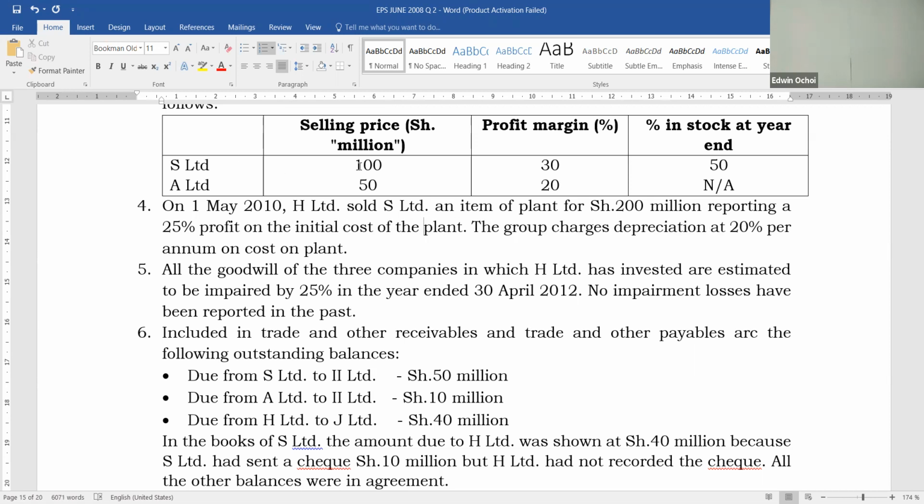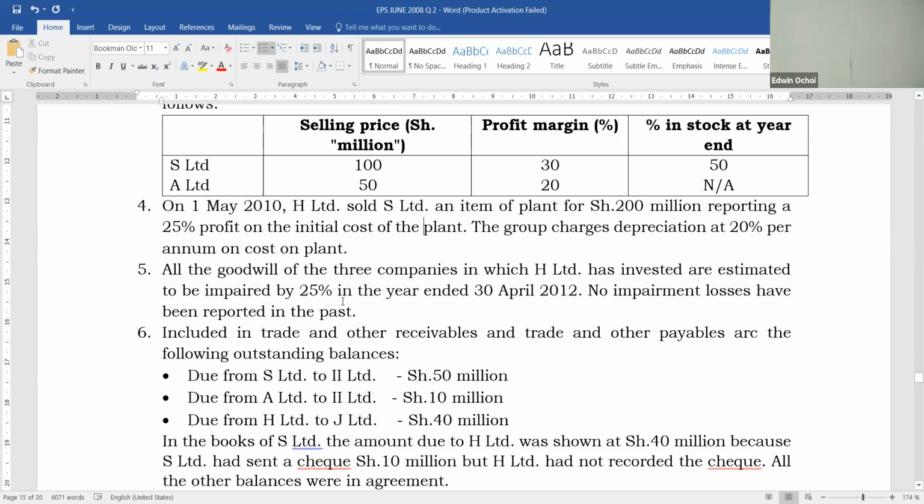The group charges depreciation at 20% per annum on cost on the plant.